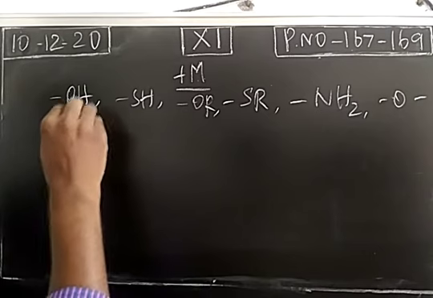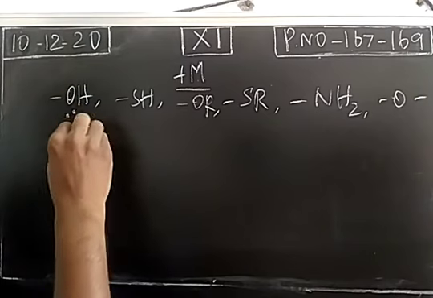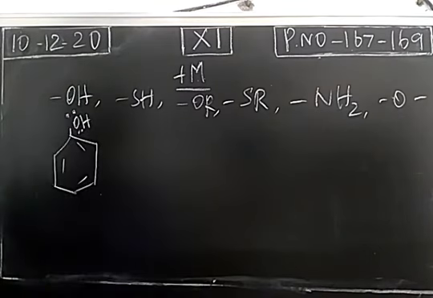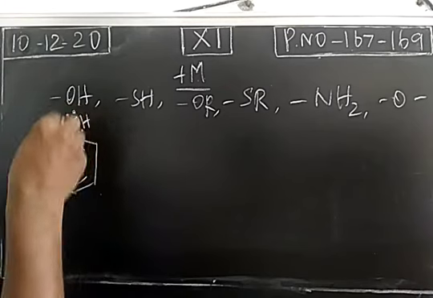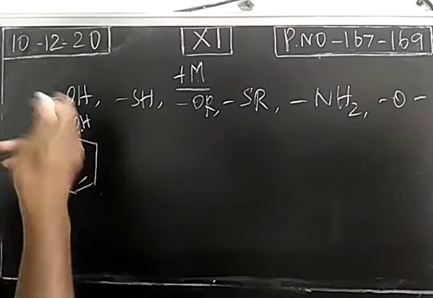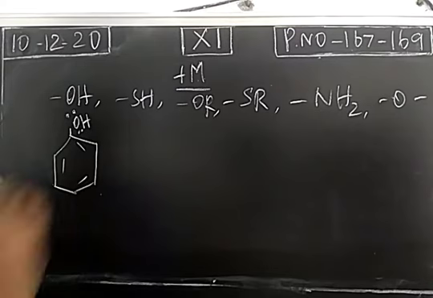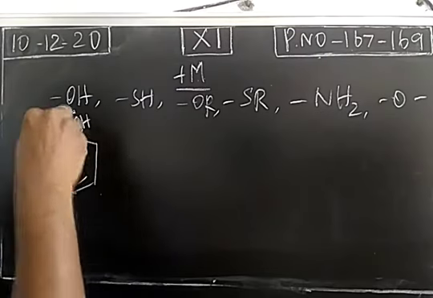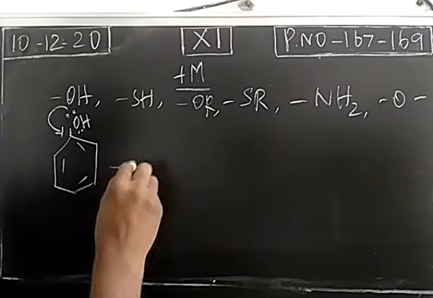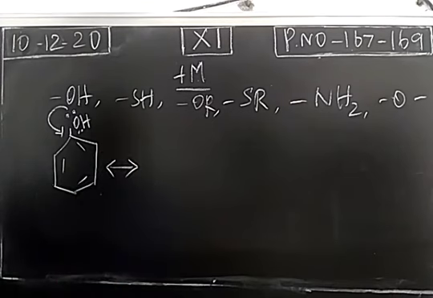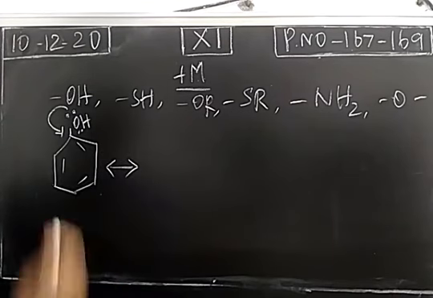Oxygen has two lone pairs of electrons, and this is an electron releasing group. It will pump the pair of electrons into the ring. So this will come into the ring. We may draw possible canonical structures for this phenol.